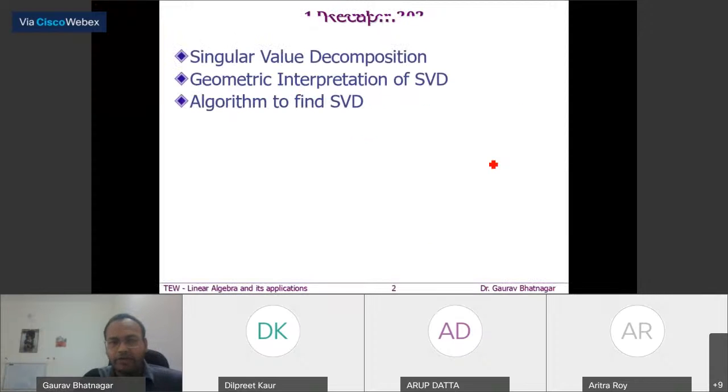Okay, so let me have a very quick recap of what we have done previously. In the last lecture we discussed the singular value decomposition. We saw the algorithm for the singular value decomposition, and then we saw the two types of singular value decomposition. One is called the full singular value decomposition. The other one is called the reduced singular value decomposition.